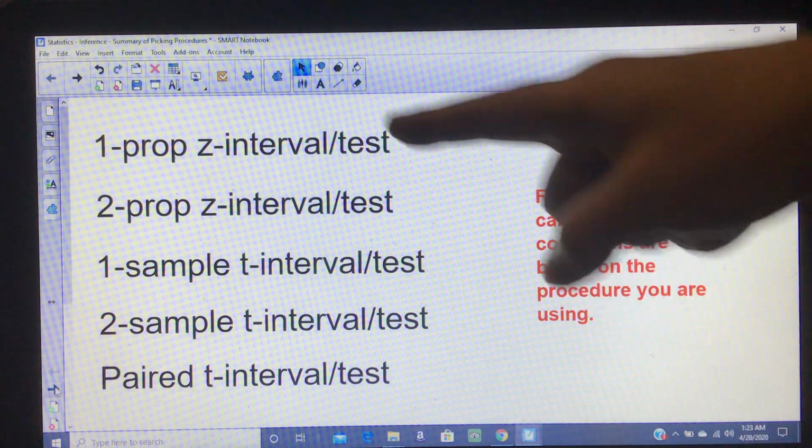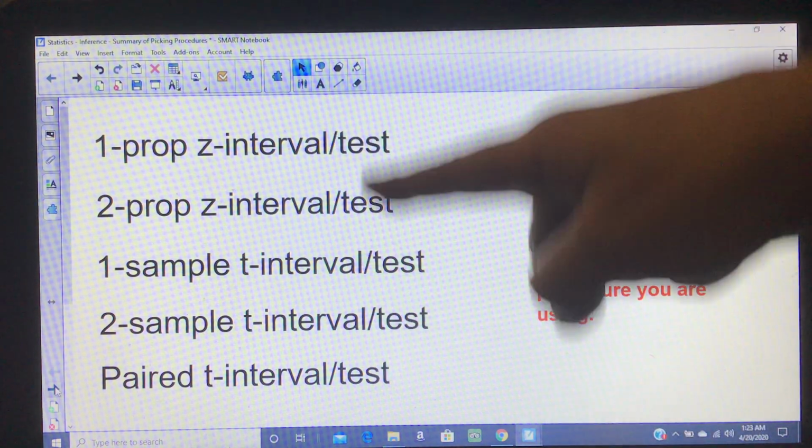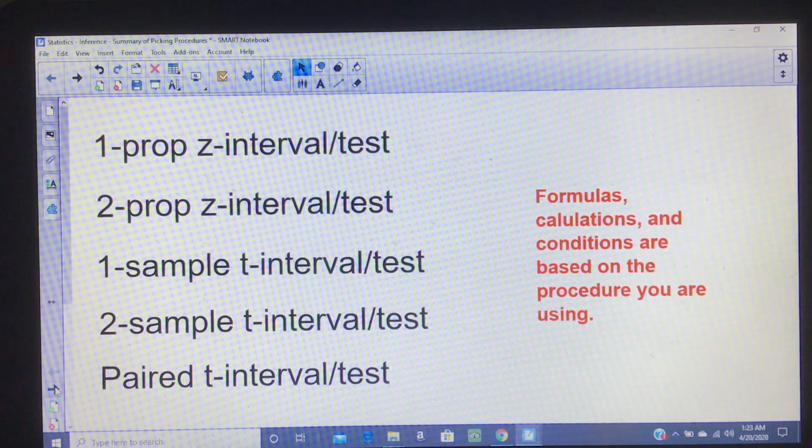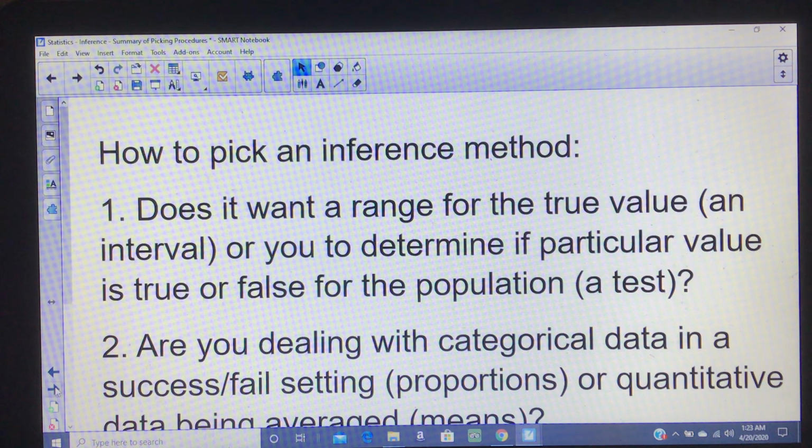All right, so let's go through first, how do you pick these based on just reading a problem? So I went through the big 3 steps of how do you pick an inference method. So you're taking the exam, it's an inference question, you want to make sure you get the procedure right. So the first thing to do is to pick, are you doing a hypothesis test or making a confidence interval?